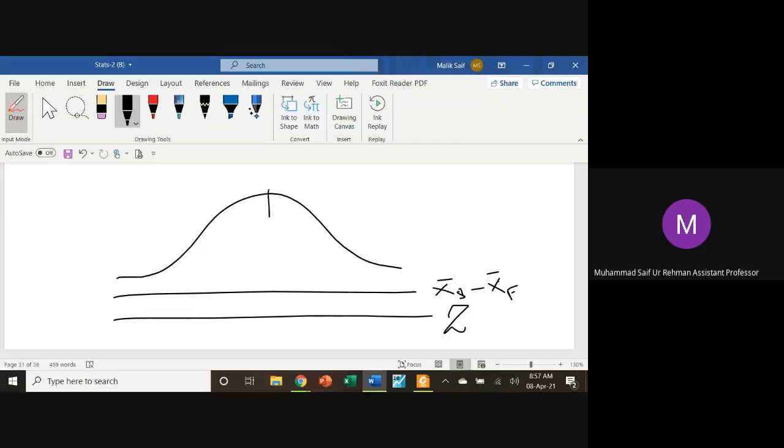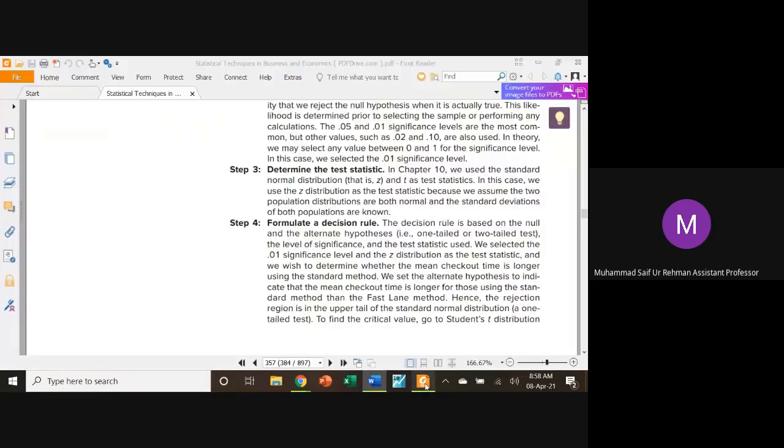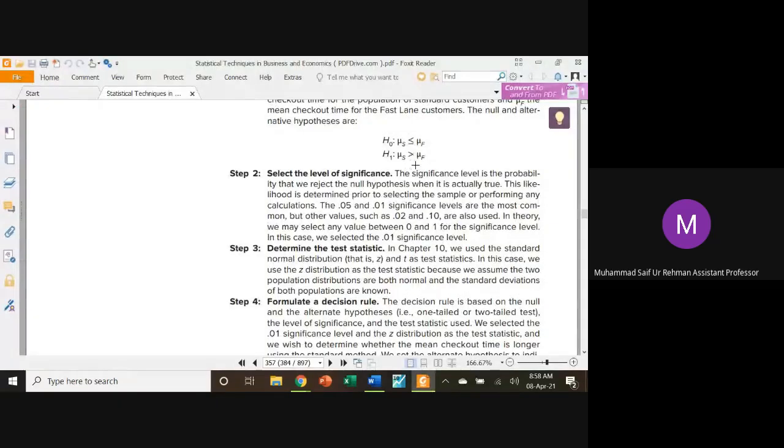So in the center, the values are equal. I mean, mu s is equal to mu f. This is in the center. Fine. And definitely against this, the value of z will be 0. Okay. So now you have to decide whether this is right-tailed or left-tailed, because this is single tail.